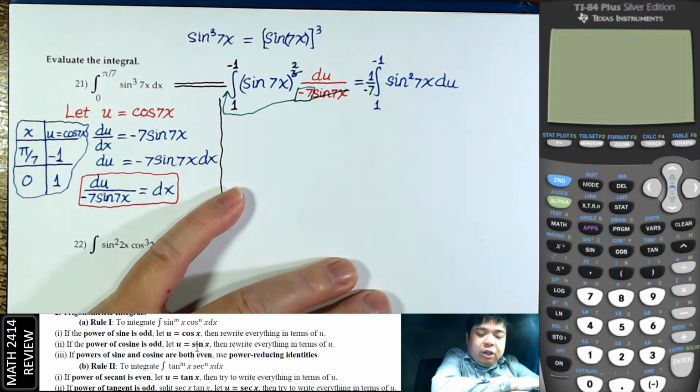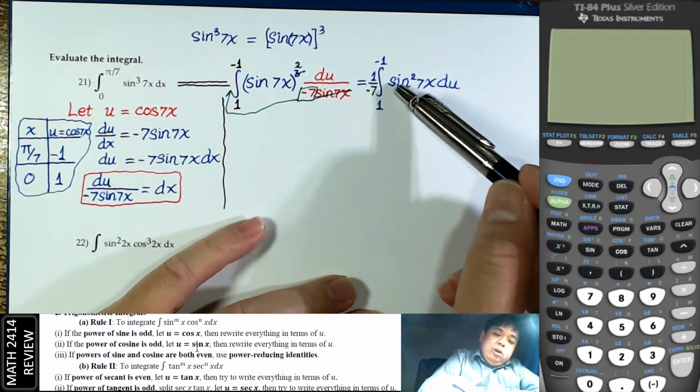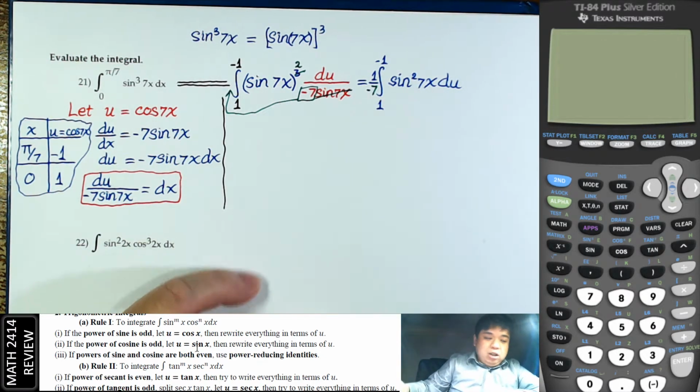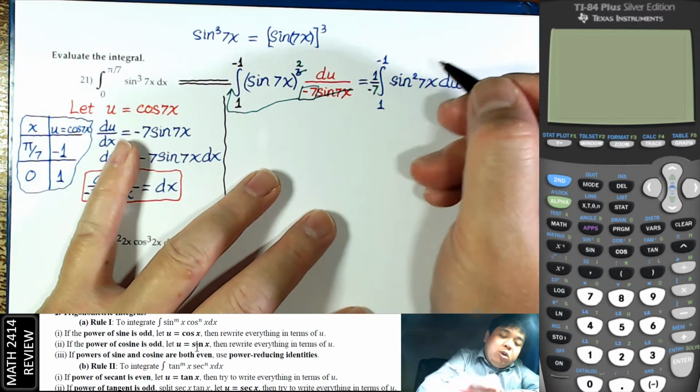Right, so it's good. The only problem here is it must be in terms of u. So here we have sine square, and the relation between sine and cosine, we have the identity cosine square plus sine square is 1.